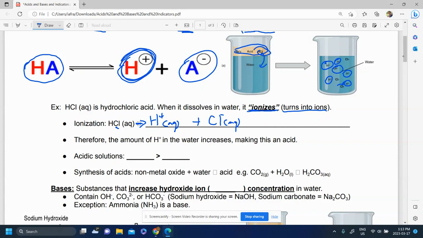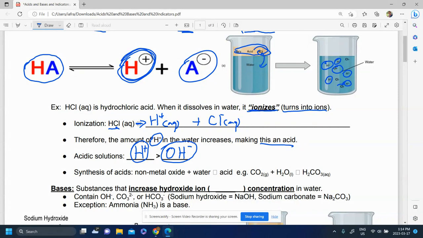So that there is the ionization of hydrochloric acid. And so we've increased the amount of H+, which makes that an acid. So in acidic solutions, you have more H+, then you have this other ion called hydroxide.